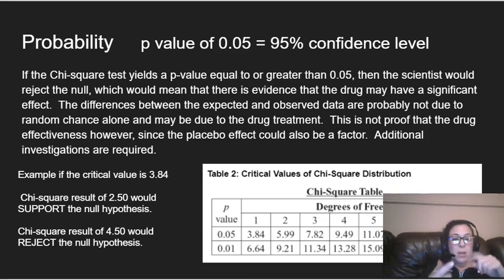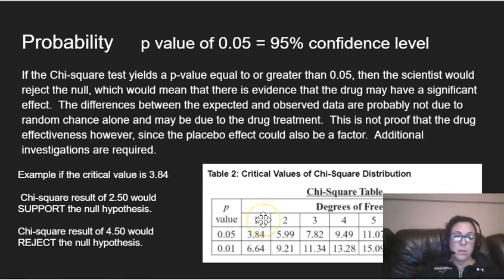Because I'm comparing 2 possible outcomes, a drug or the placebo, and then my degrees of freedom are my 2 possible outcomes minus 1, I know that my degrees of freedom that I'm looking at is 1. And then in biology, I also know that we're always happy with a 95% confidence level that translates to a p-value of 0.05. So the critical value that I'm always going to look at for this experiment would be 3.84.